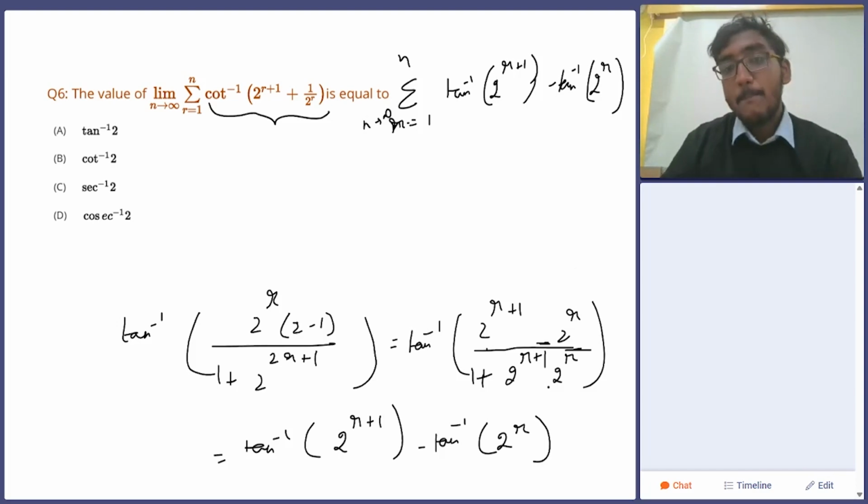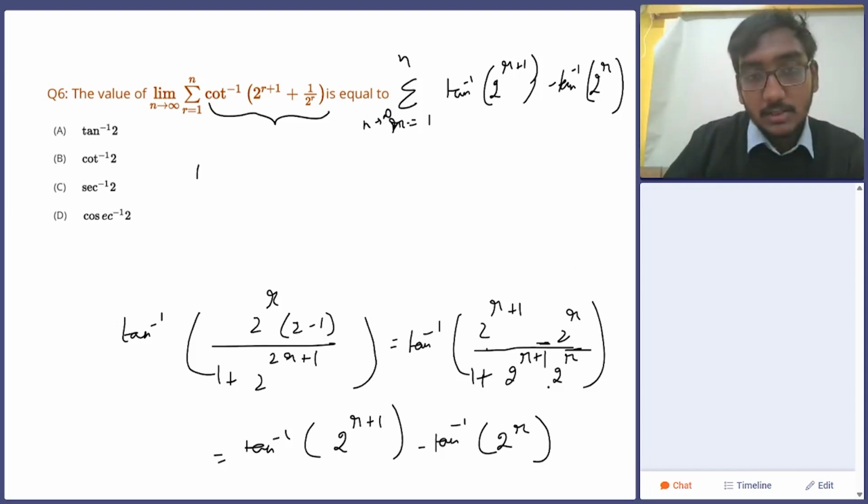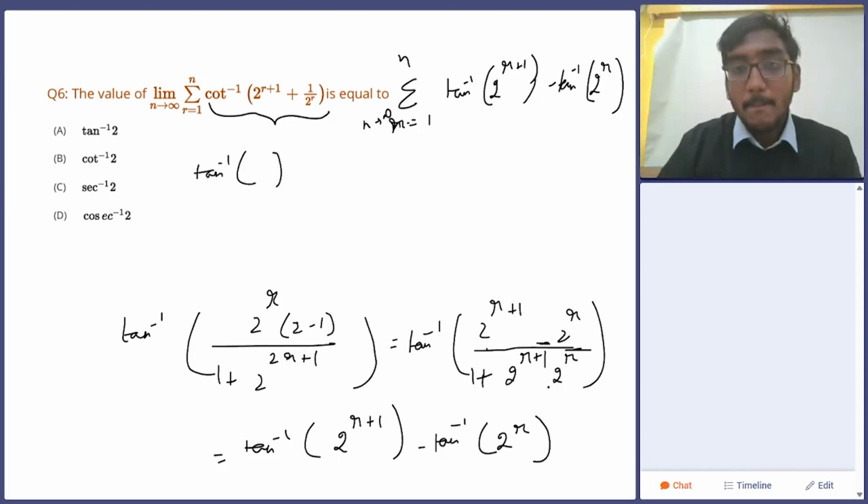The first term, when r is 1, will be tan inverse of 2 square minus tan inverse of 2.